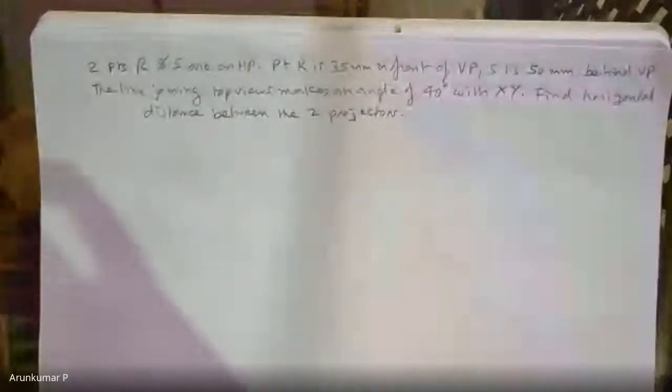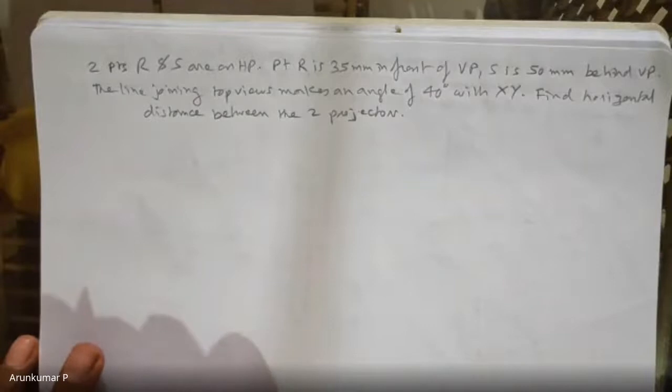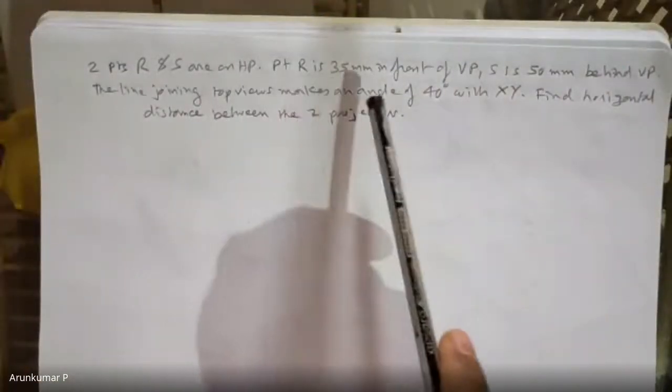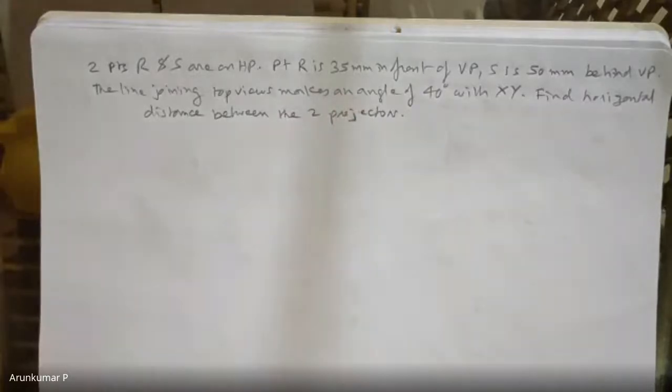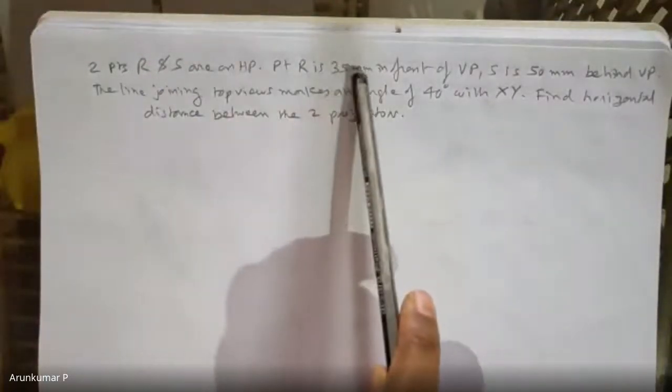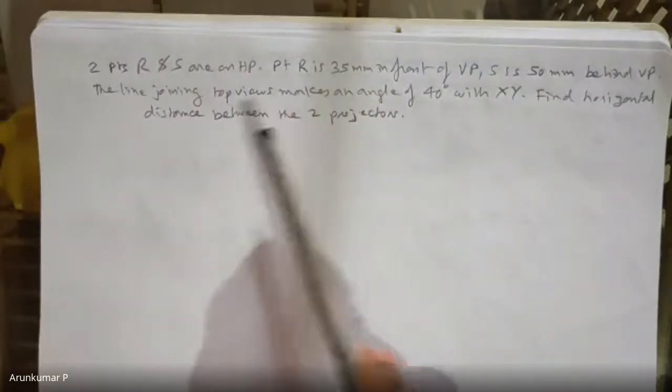Okay. So I'll give you a hint. One point, that is point R, is obviously in which quadrant? First quadrant. Yes, point R is in the first quadrant because it is on HP and 35 mm in front of VP. How about point S?